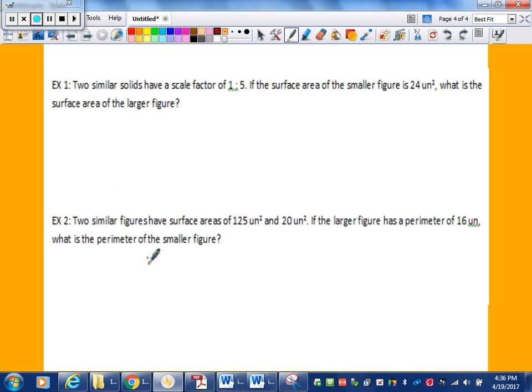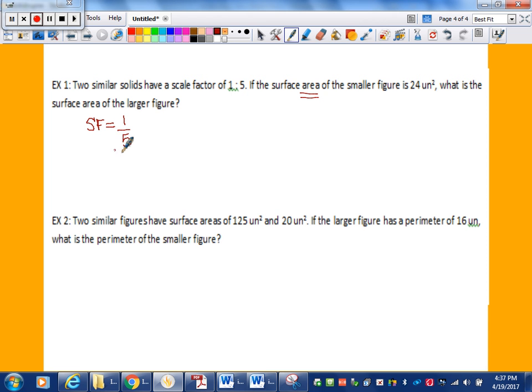So now let's see where these scale factors come into play. If I have two similar solids with a scale factor of 1 to 5, and the surface area of the smaller figure is 24 units squared, what is the surface area of the larger figure?